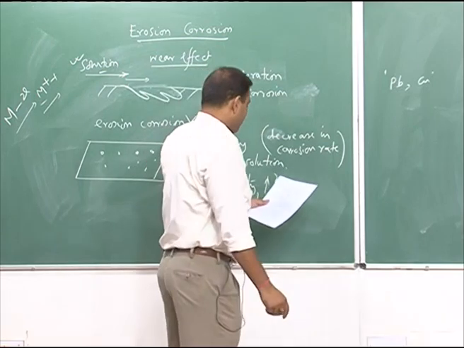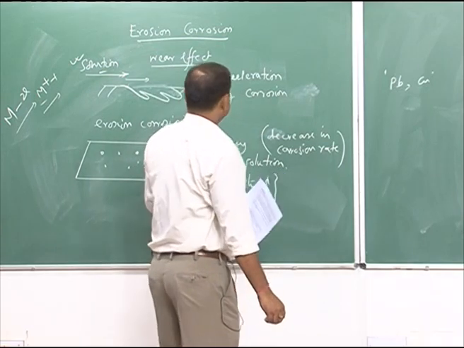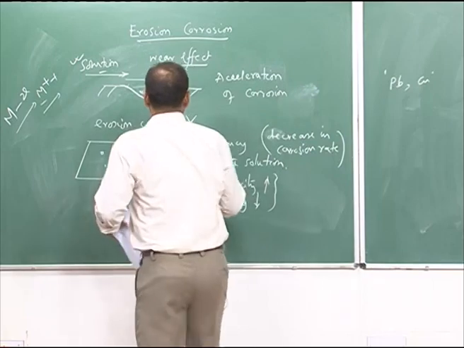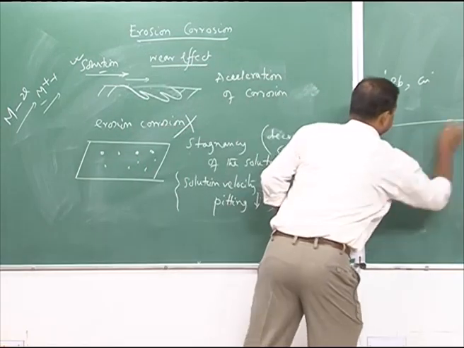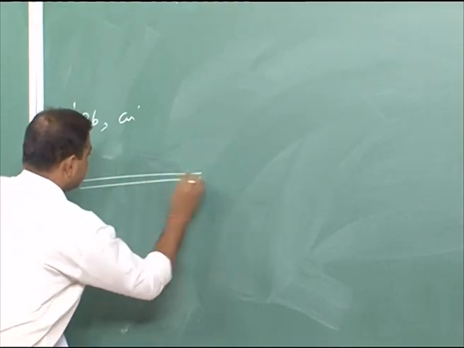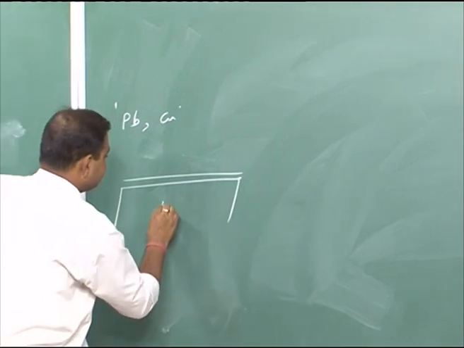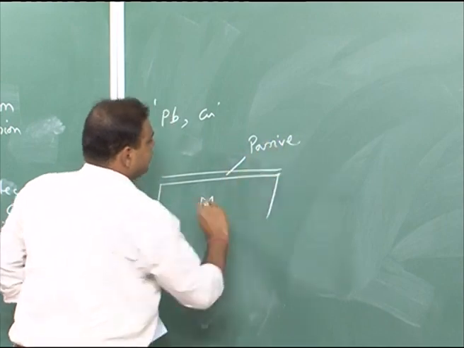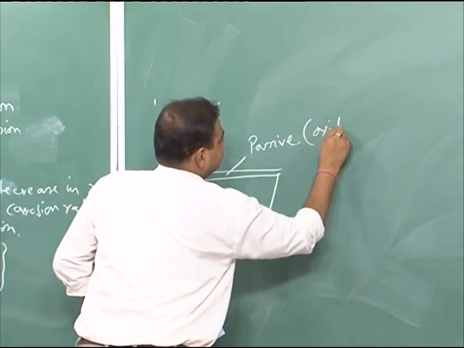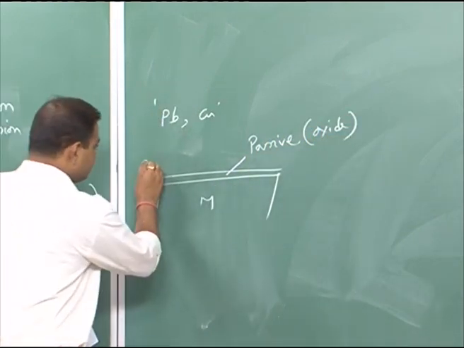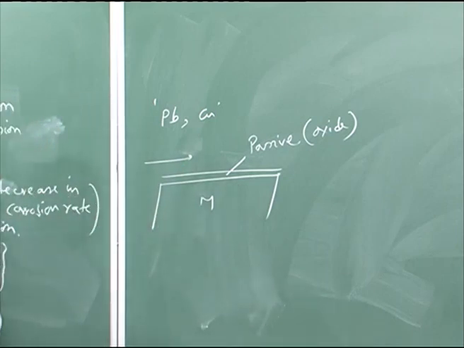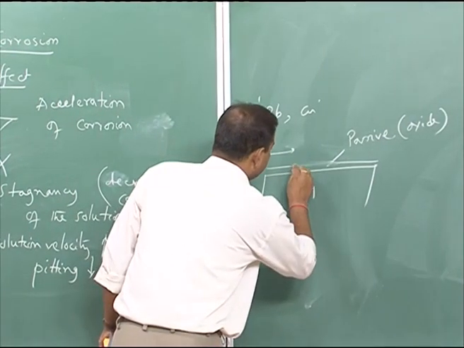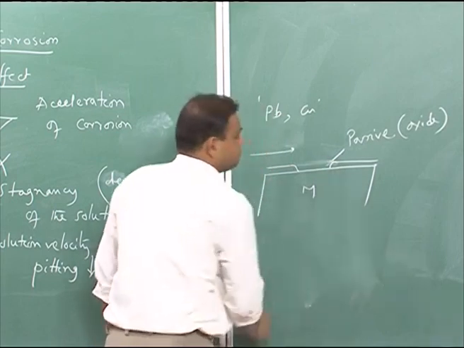Now, this can also be possible if there is a surface layer. Let us say in this case we have a surface layer, this is the metal surface, this is metal, and this is the passive layer, let us say some oxide. Now, because of this erosion effect, there could be a localized removal of the passive layer.